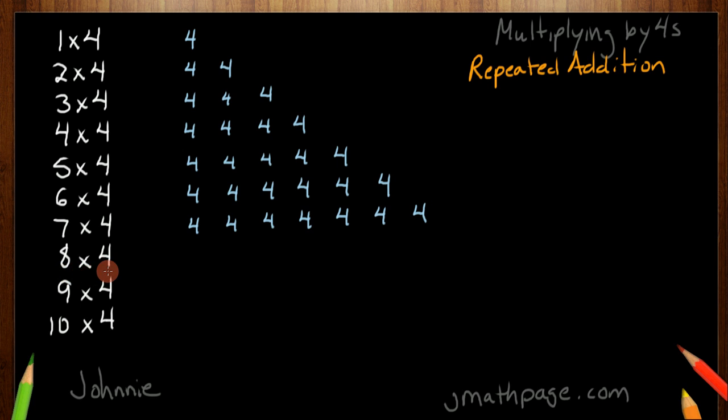8 times 4, let's add 4 8 times. 1, 2, 3, 4, 5, 6, 7, and 8. 9 times 4, let's add 4 9 times. 1, 2, 3, 4, 5, 6, 7, 8, and 9.